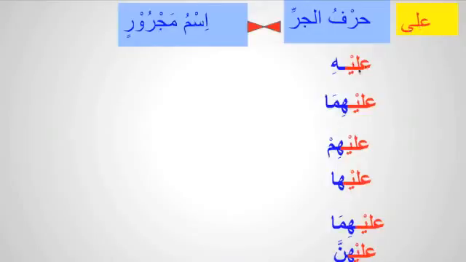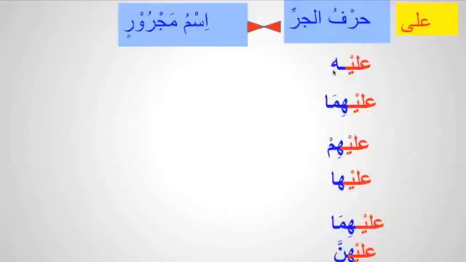So from ala it becomes alay, and because ya and dhamma don't go together in Arabic, whenever there is a ya, the dhamma will change its sign to the most suitable one. So we say alaihi; the dhamma changes into a kasra.